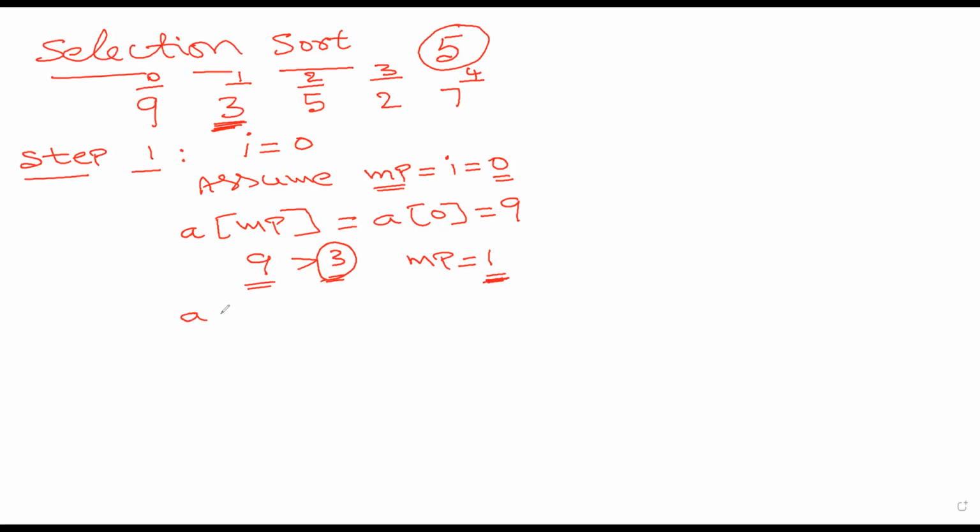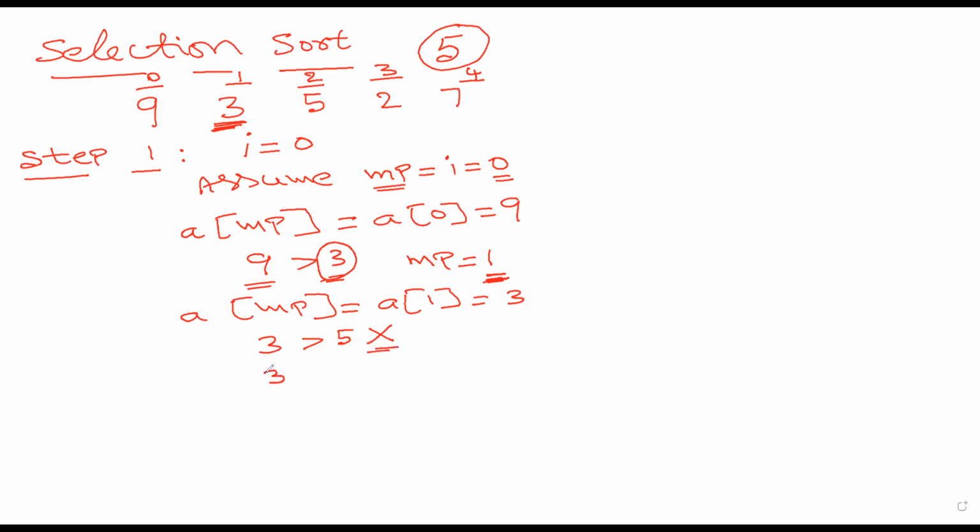Again we compare A of minimum position. Our current minimum position is 1, so A of 1 is 3. We compare this with its next element: 3 is greater than 5, which is wrong. So up to this point the minimum position is 1 only, and there is no need to change it. The 3 with 5 comparison failed.